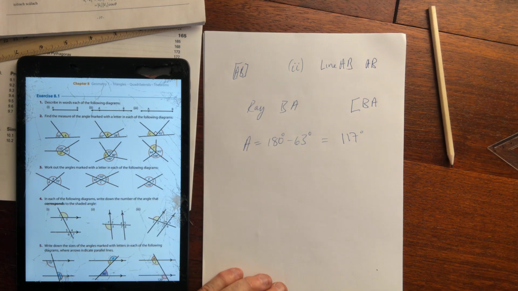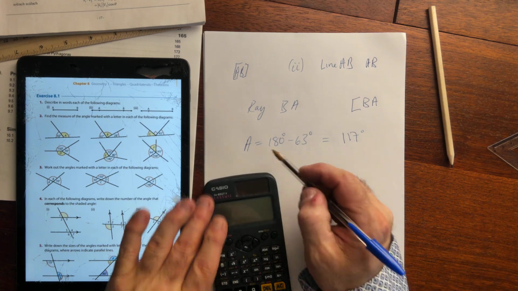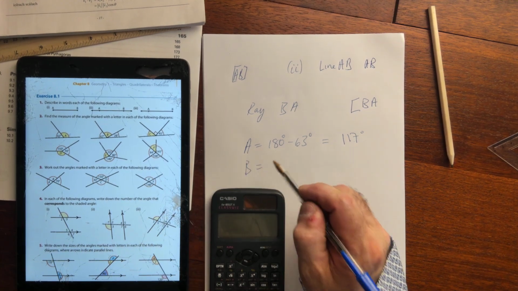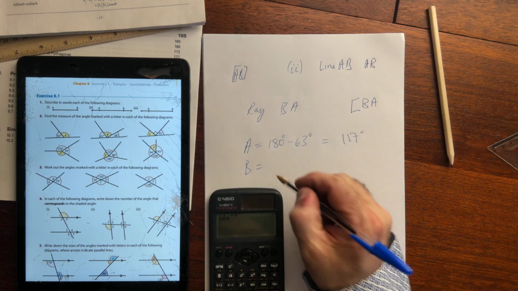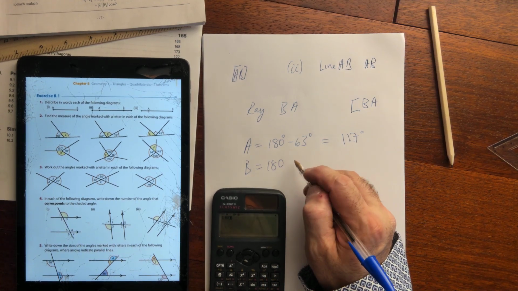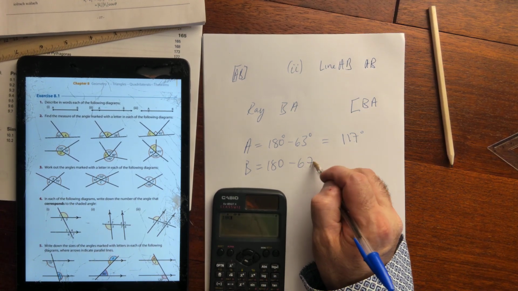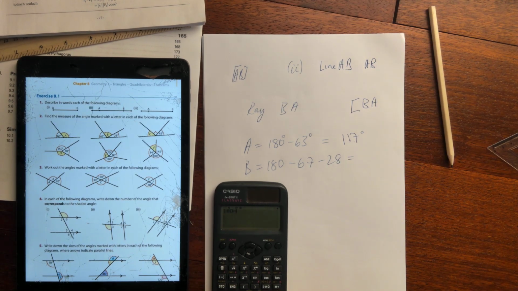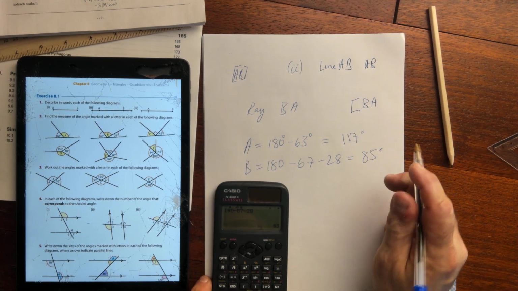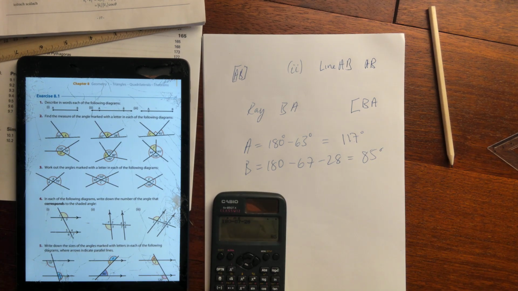Okay, now we're going to start using our calculators. So for B, I'm going to do 180. Now I will write down, always write down what you put in your calculator. So 180 minus 67 minus 28 equals, and into the calculator that goes, equals 85 degrees. The next bit.